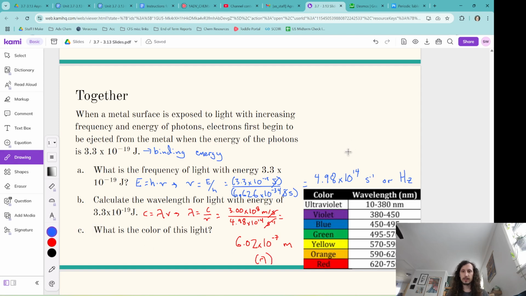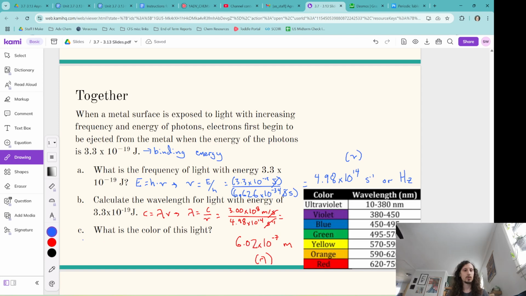This is our frequency. And the last question, what's the color of this light? Well, we're given all these wavelengths in nanometers, so we'd have to convert meters to nanometers, which basically means times 10 to the 9th.